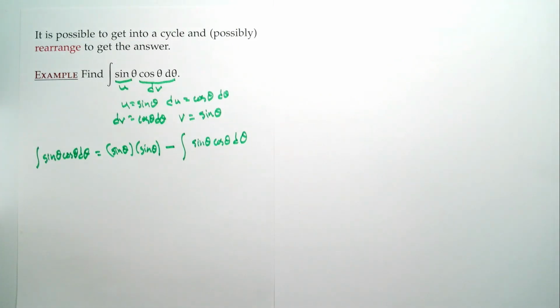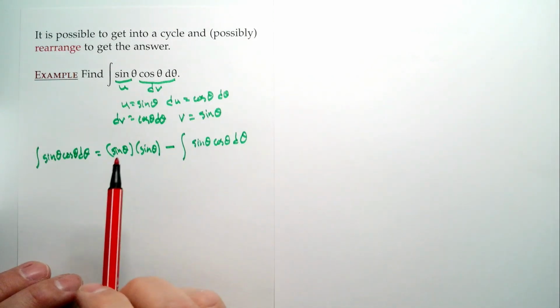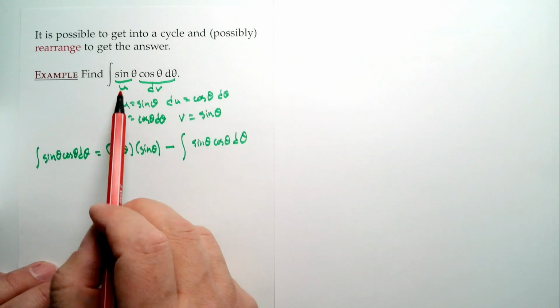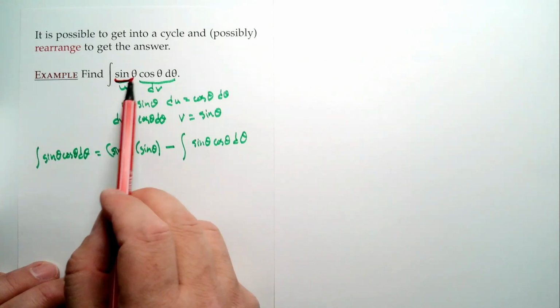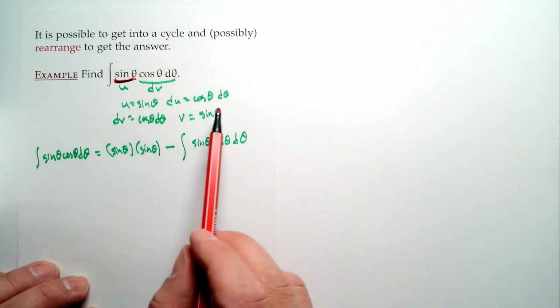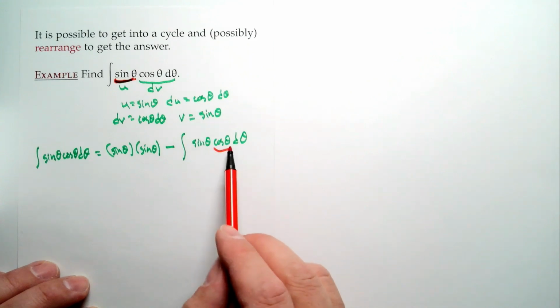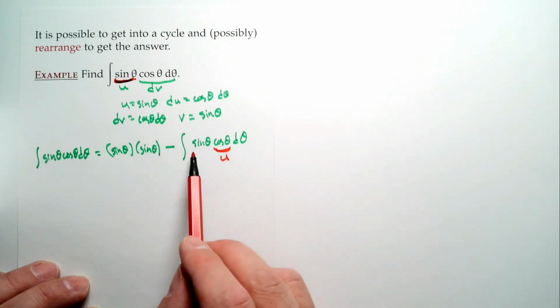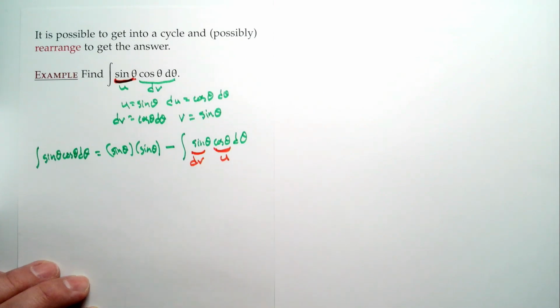Yes? All right. Now, I'm going to do this a second time. Okay, so what happened? Well, in the first time, I chose the u was the sine theta, and that eventually ended up becoming the cosine theta. So I'm going to let u now be the cosine theta, and the dv be sine theta. All right?